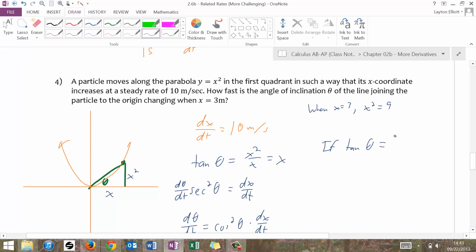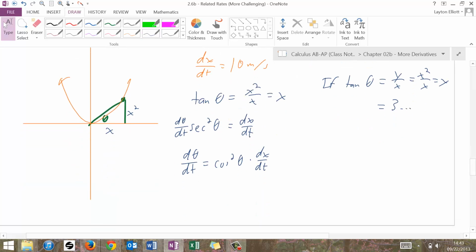And tangent of theta is equal to y over x, which is equal to x squared over x, which is equal to x, and that's equal to 3. If tangent of theta is equal to 3, then y over x is equal to 3 over 1. And we kind of burst that and say y equals 3, x equals 1, radius equals square root of 1 squared plus 3 squared, so that's 10.